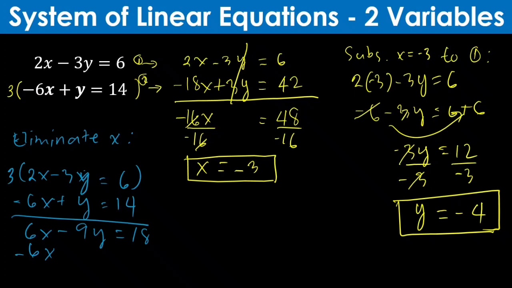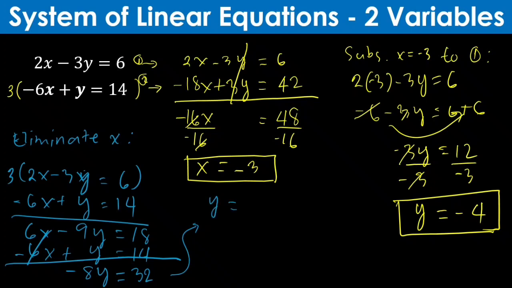That's 6x plus y plus 14. We add the equations. This is -8y here. And this is equal to 32. Let's continue. So we divide -8 both sides.